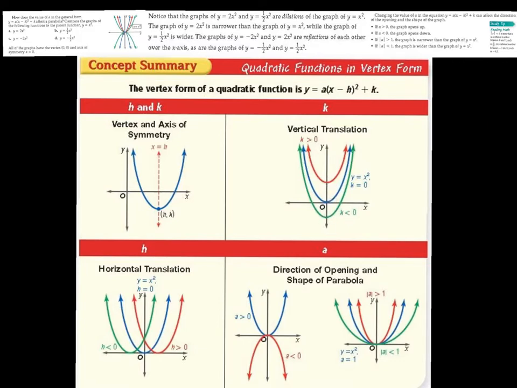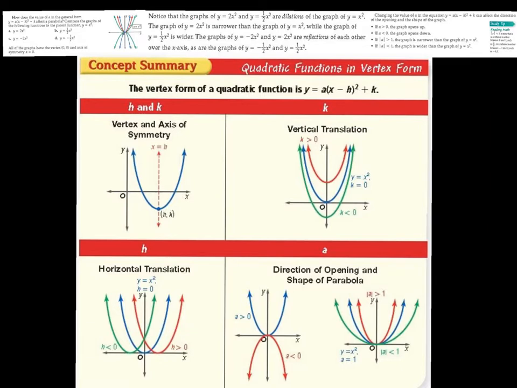If h is positive, the parabola is translated to the right, and if h is negative, it's translated to the left. Word to the wise, though, pay attention, it's x minus h. So a positive h is really a negative if you look at it here. And if a is positive, our parabola opens up. If a is negative, it opens down.